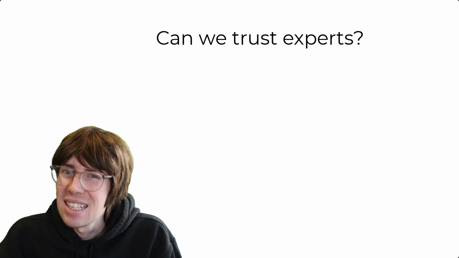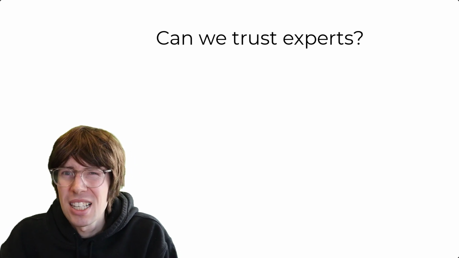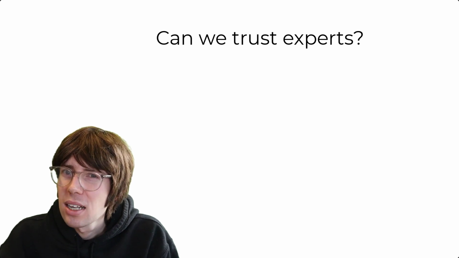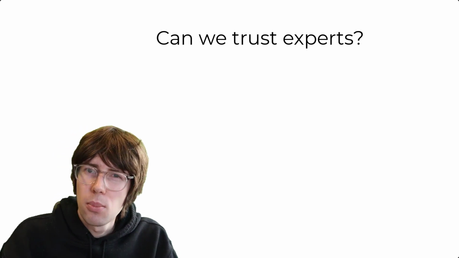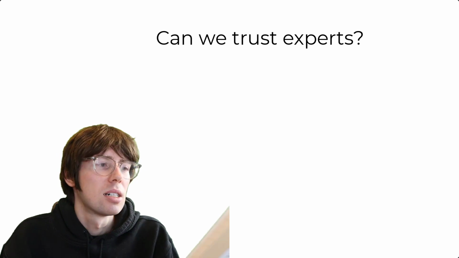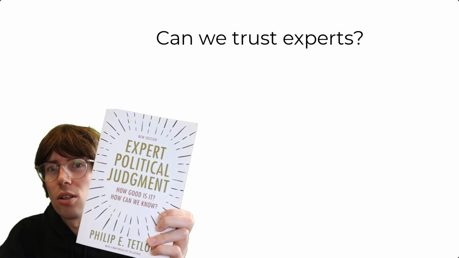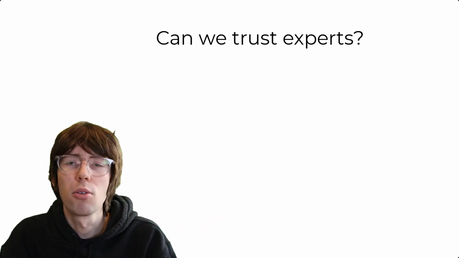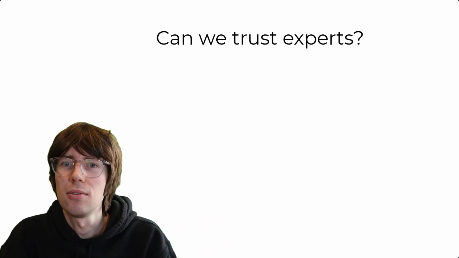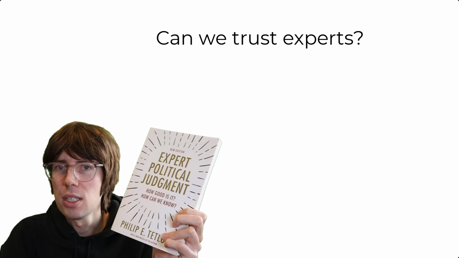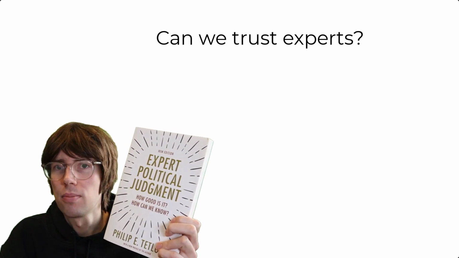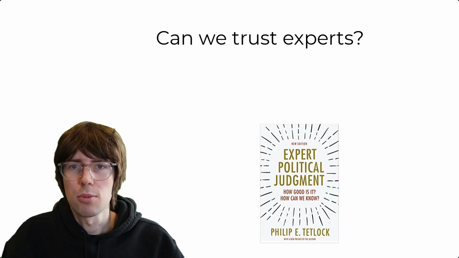I mean, it makes sense that if you want an answer to something, you go and ask an expert, but really, can we actually trust the experts? And I have the perfect book for that. It is a book written by Tetlock, Expert Political Judgment: How Good Is It? And How Can We Know? This book is absolutely recommended to read when it comes to expert judgment.